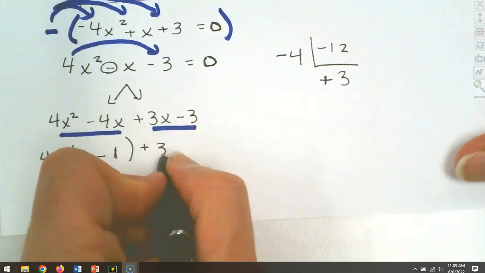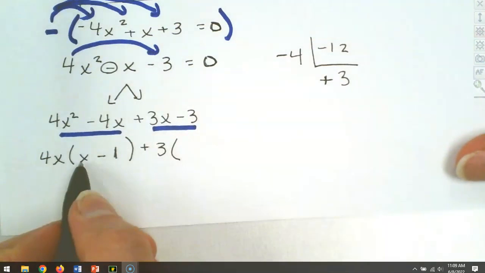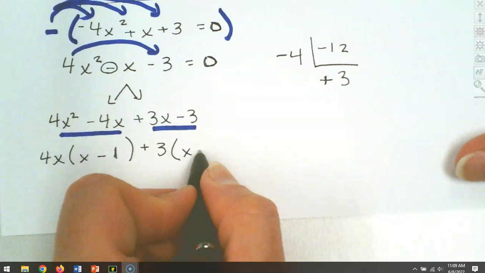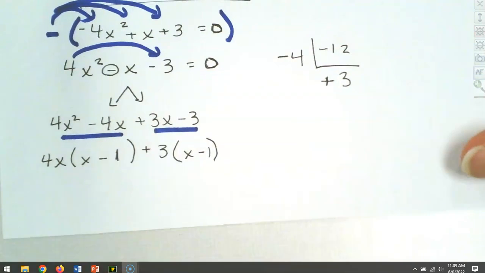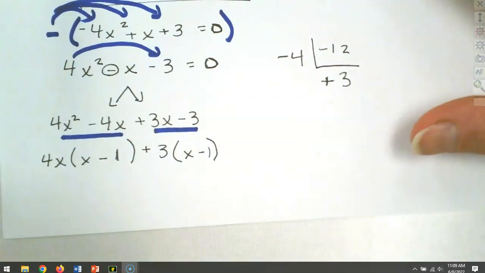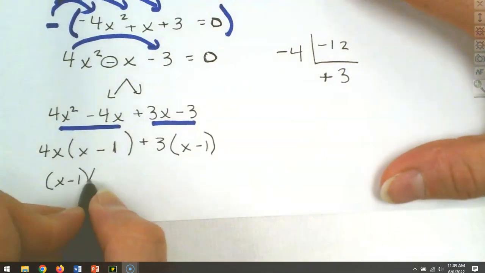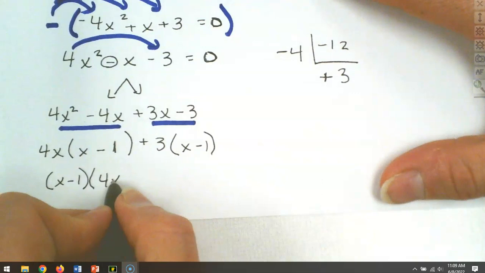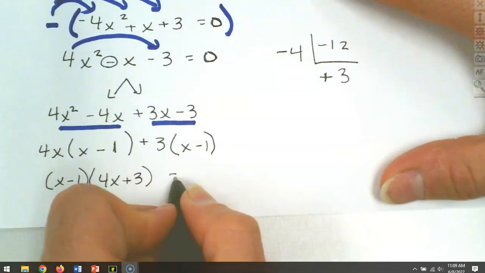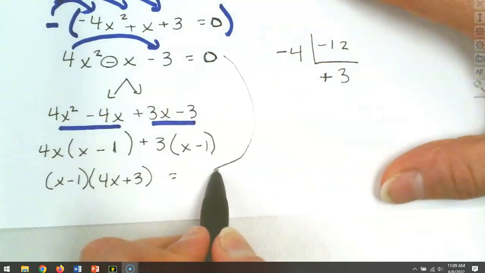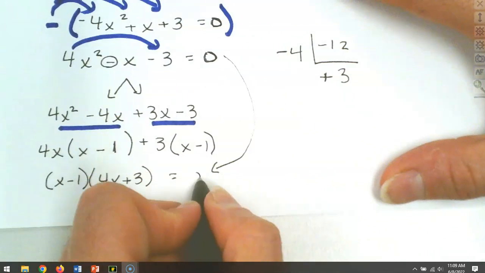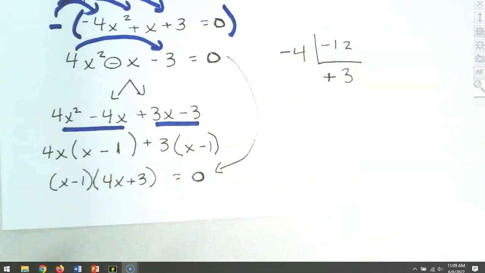Okay? And if I take that 3 out, that is going to leave you with the same x minus 1. So now we've got it. Now we have x minus 1 and 4x plus 3, and that still equals 0, doesn't it? And we're almost done here.